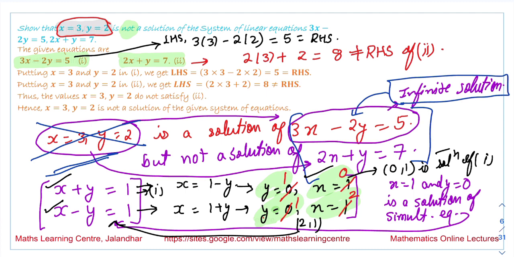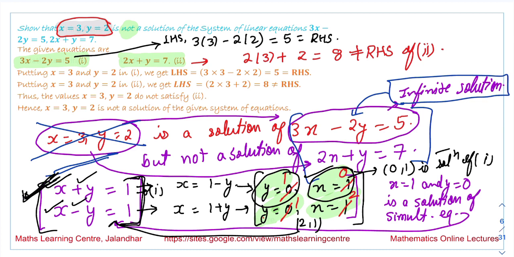You can substitute different values of y and get different values of x, or substitute different values of x to obtain different values of y. But when we are talking about the simultaneous equation, we are talking about the common solutions, those which satisfy both these equations.